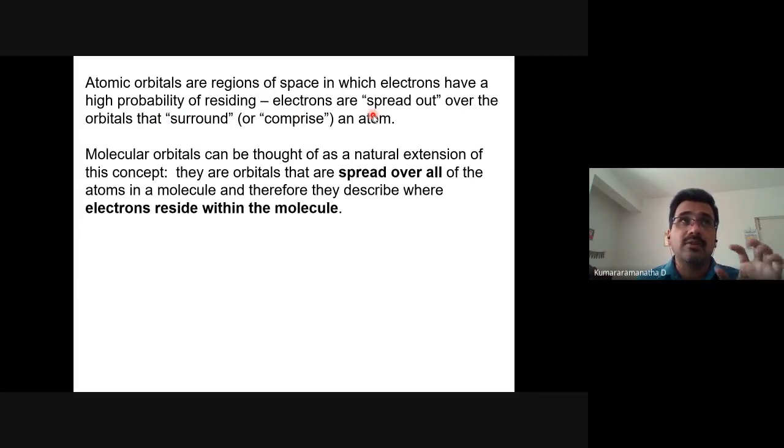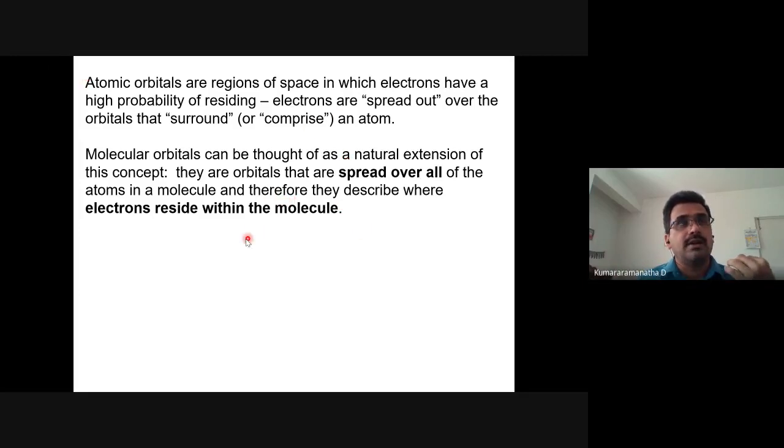Again, it is not one electron, it is the electron density, which is spread out in that particular atom. In a spherical orbital or a dumbbell-shaped p orbital, or a double dumbbell, you can say the electron is placed there.